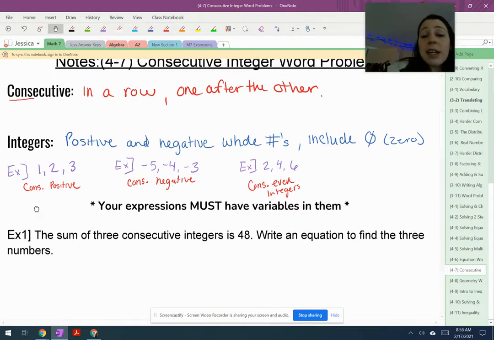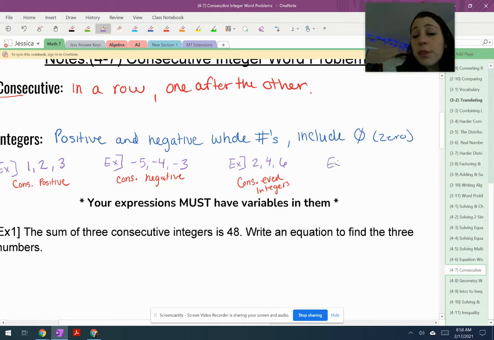And then last but not least, an example of consecutive odd integers, which could be -3, -1, and 1. I had to think about that for a sec. My mind wanted to put 0 down, but that wouldn't work because 0 is even. So these are consecutive odd.